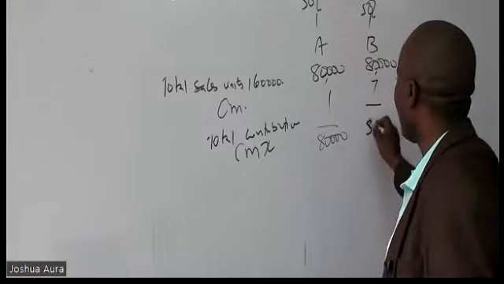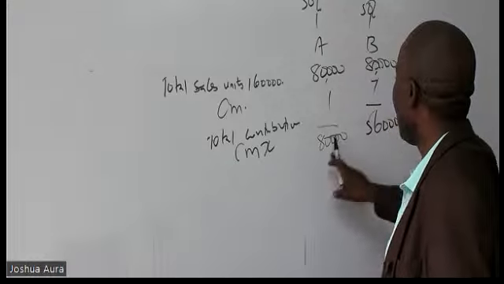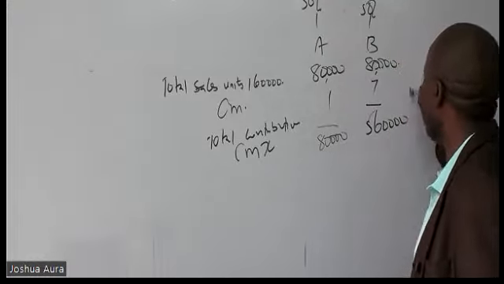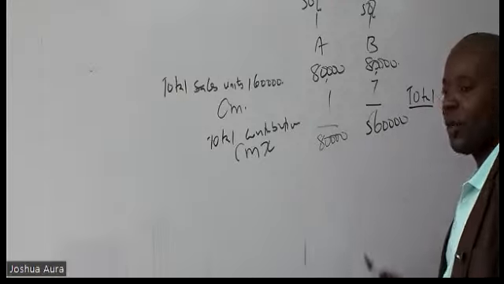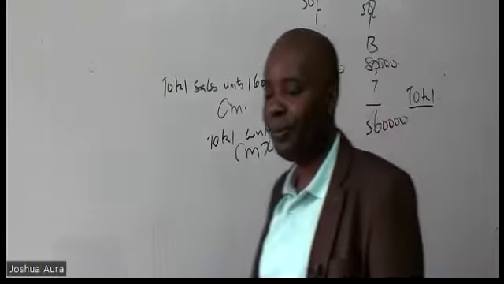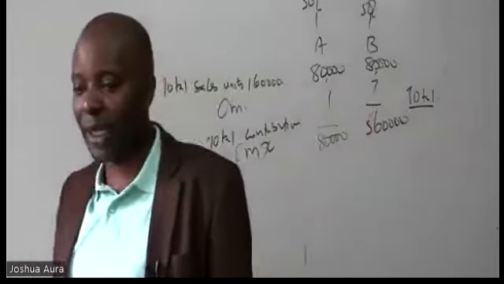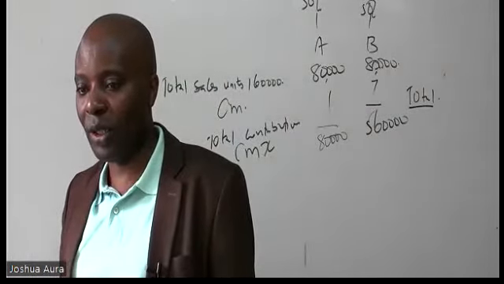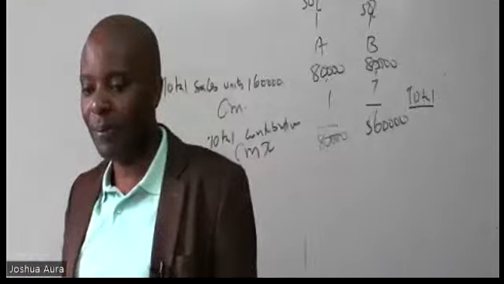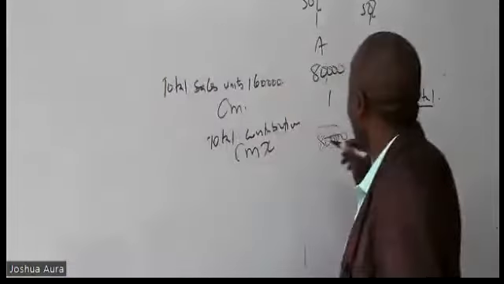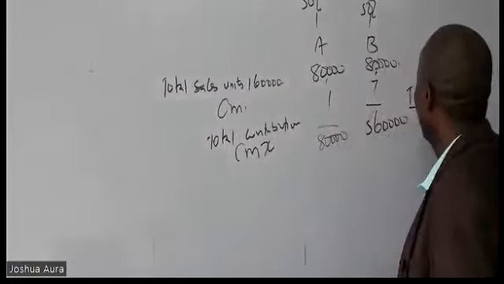Great. So the total here, 80 plus 560,000 gives me what total? So this will be 640,000.